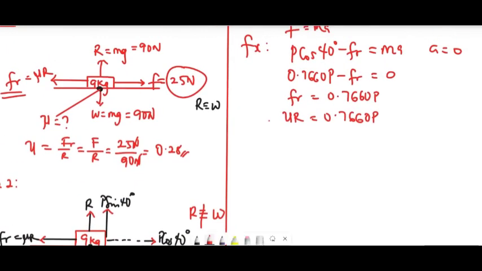So I have 0.28R equals 0.7660P. Once you're looking for P, make R the subject of the formula. If you're looking for R, make P the subject. So I'm making R the subject because I'm looking for P. Hence I have R equals 0.7660P over 0.28.